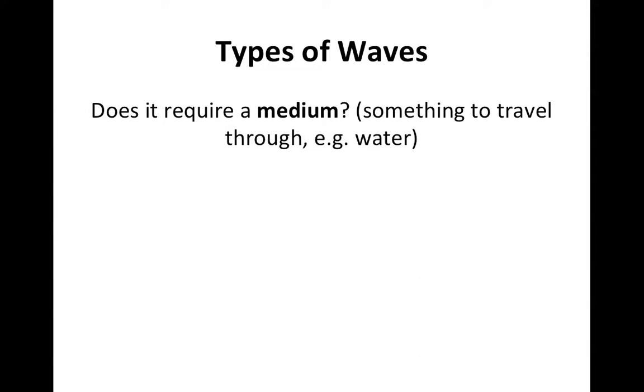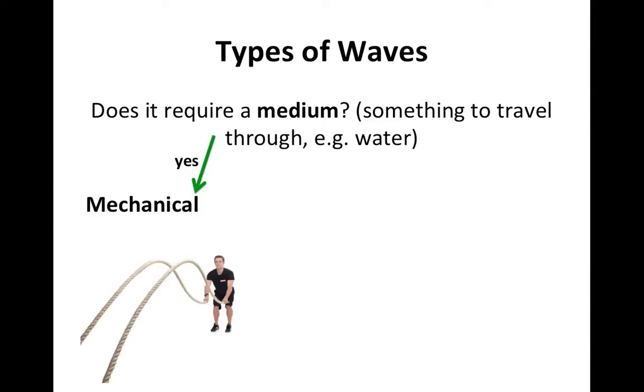And so does the wave require a medium to travel through? Water would be an example of a medium, or air would be an example of a medium, just something for it to actually physically travel through. If the answer is yes, then we call that a mechanical wave. So for example, this guy doing his fancy exercises by making waves in the ropes requires the rope, so it's a mechanical wave.